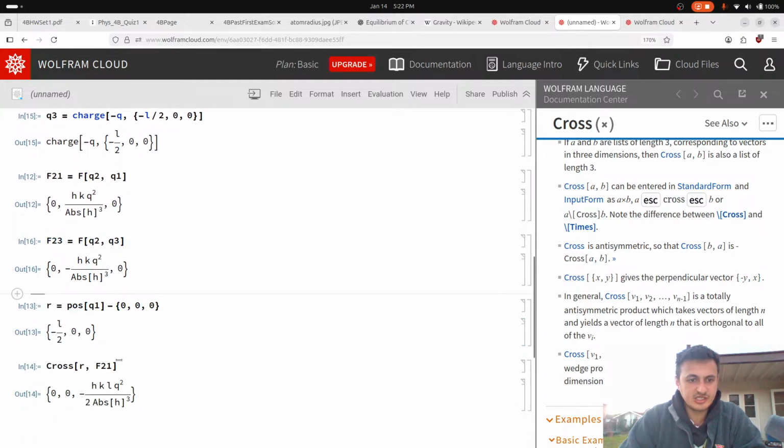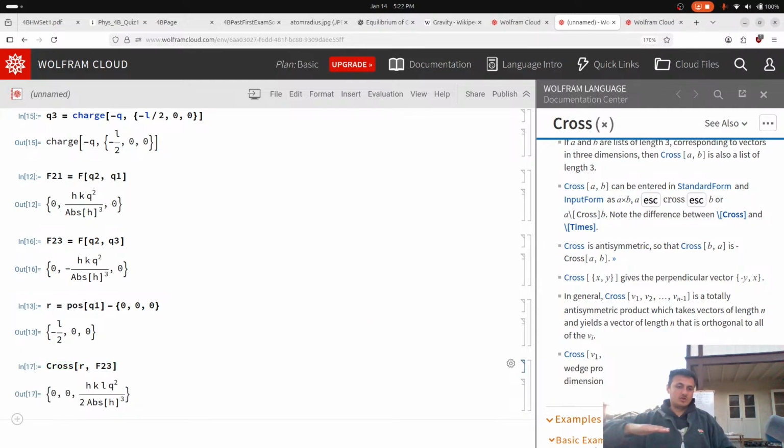And then I changed this. It's the same position, so R doesn't change, but this changes. Then we're going to get positive torque, because then we're curling this way, then this way, and my thumb is pointing towards me.